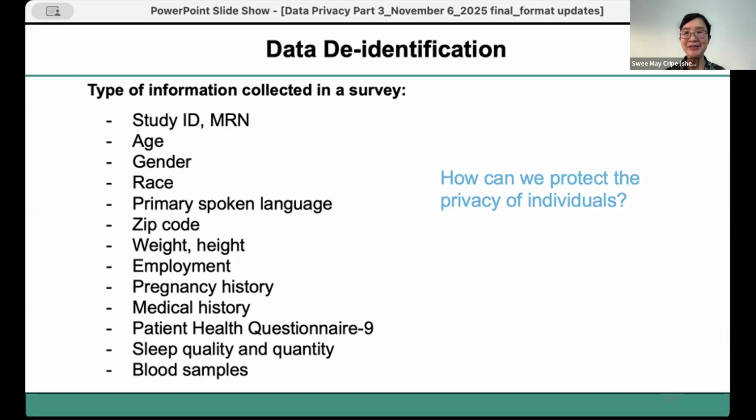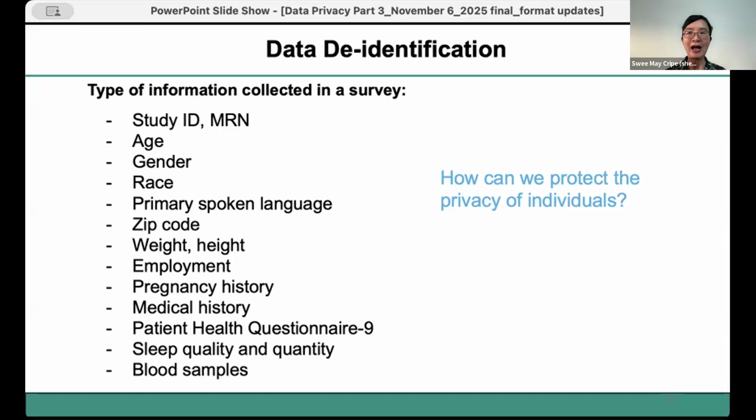Making the person anonymous. Do you have any suggestions for how to make the person anonymous? By not sharing this information? Thank you, Clara. Not putting names. Thank you.